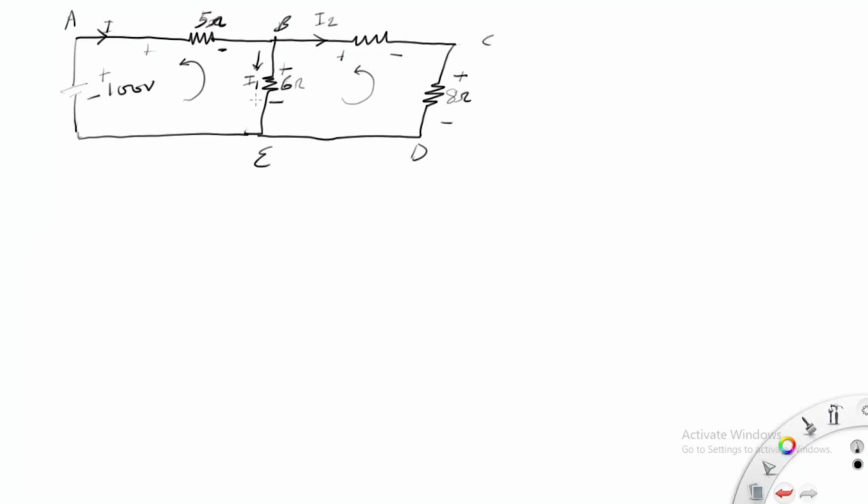manner. So the above problem can be solved by applying KVL in an anti-clockwise direction. So how do we do that? It's a solution now.